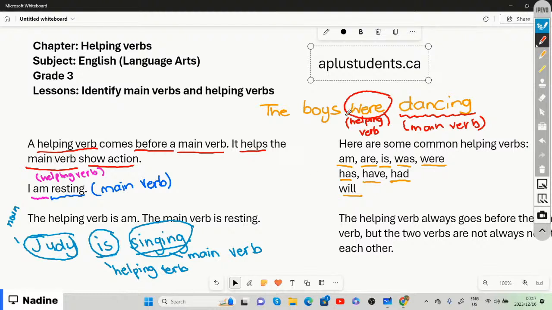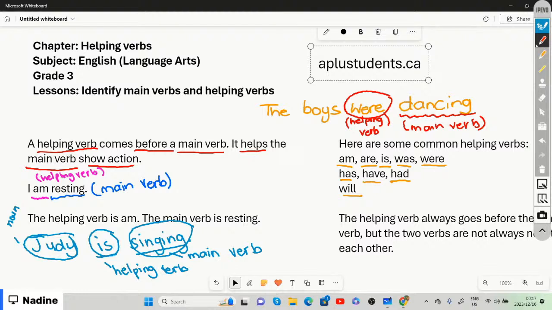So it'll basically seem as if it's helping the main verb to show the action in a different tense. Because were, it shows almost as if it is in the past tense, but in a plural form. And then the boys is basically our subject, right?